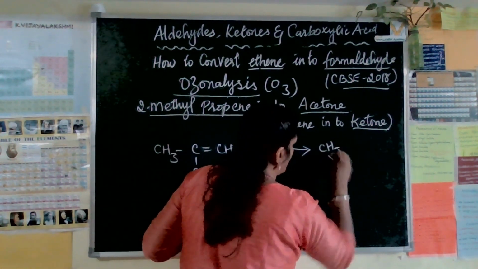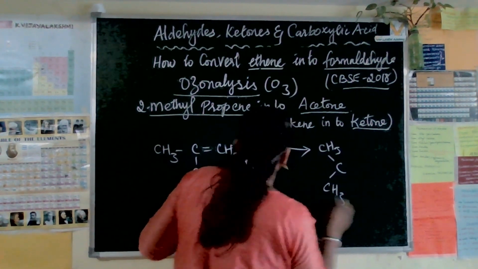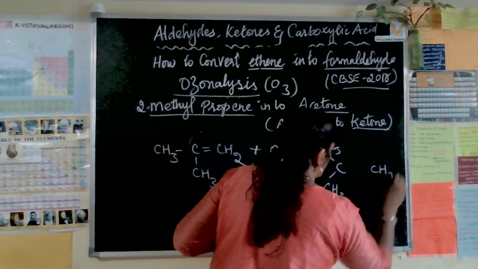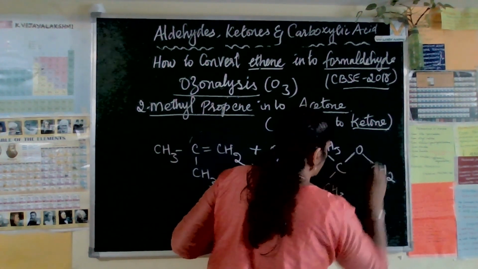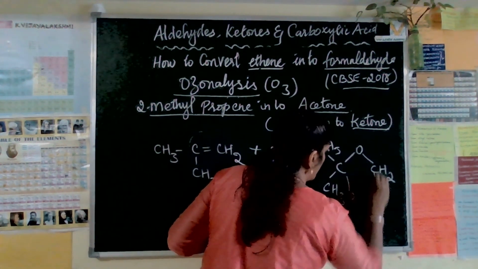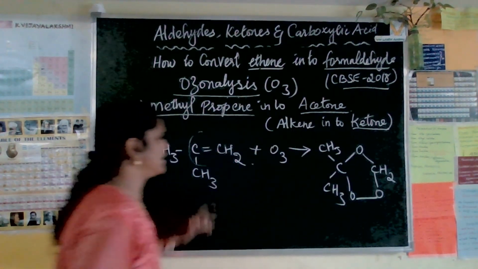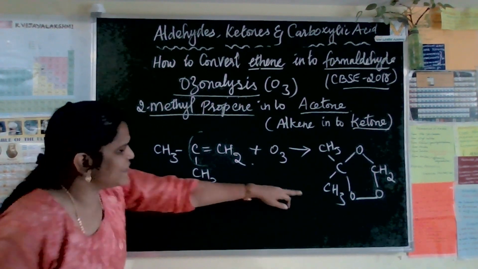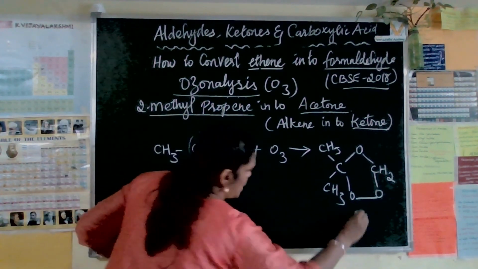C, here CH3, here CH3, the bond breaks right here. Now here CH2, here O, this O, here also O, this is connected. Yes, where the bond breaks, I just put it slanting for you to remember. Okay, now what happened?